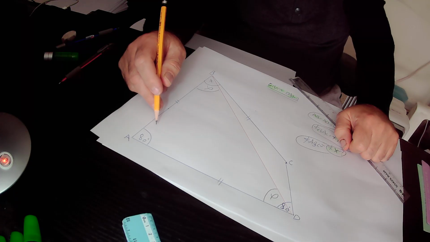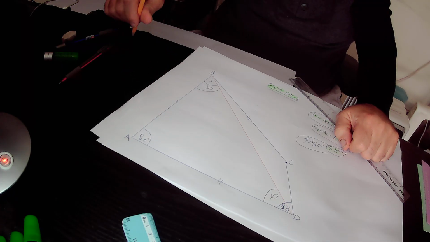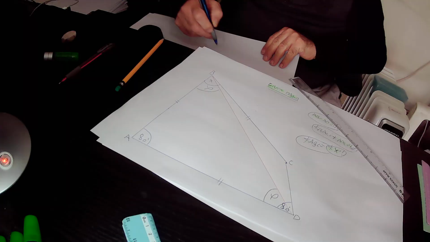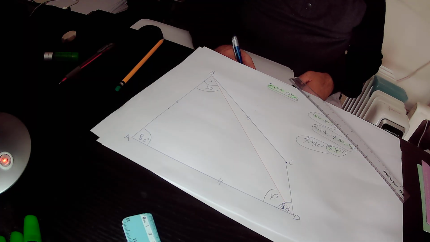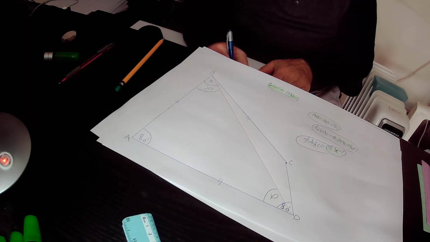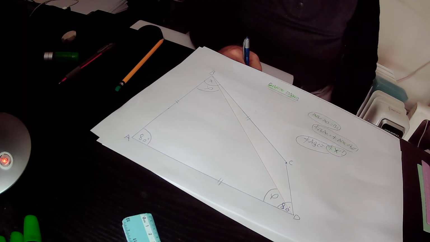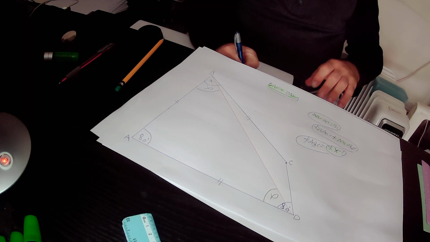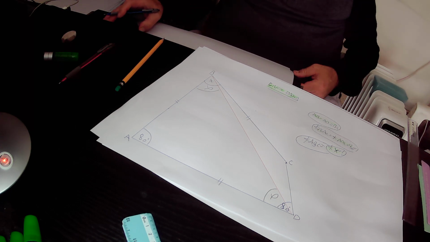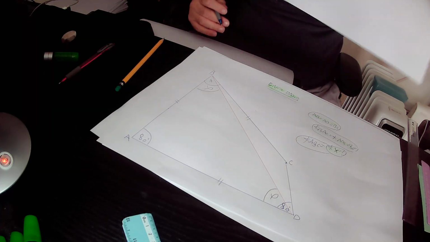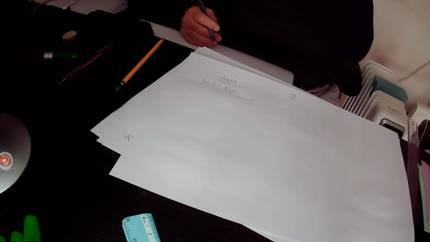So in the lower triangle ABD, 2 alpha plus 80 degrees must be equal to 180 degrees.